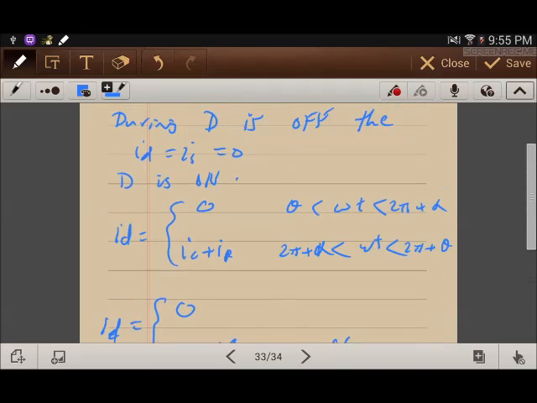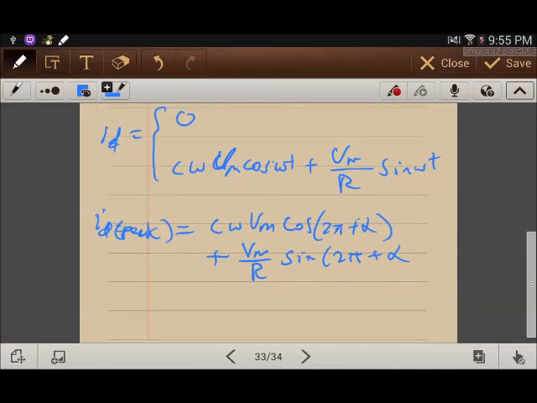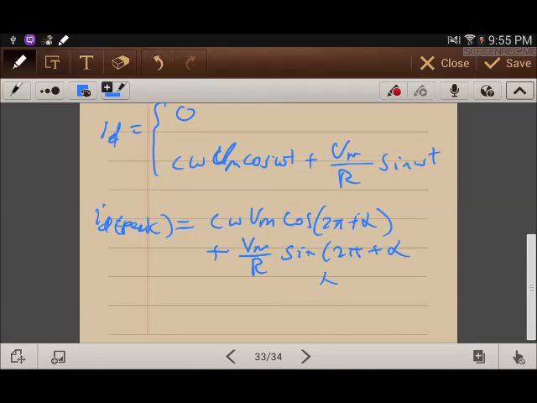And we can look at the graph. The diode current will be on till the diode is turned off and the capacitors start to discharge through the resistor, and then it will continue in this way.